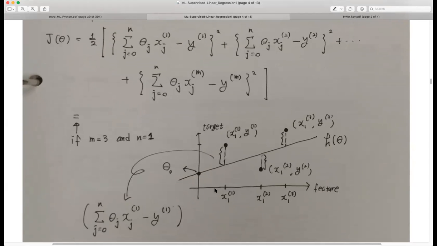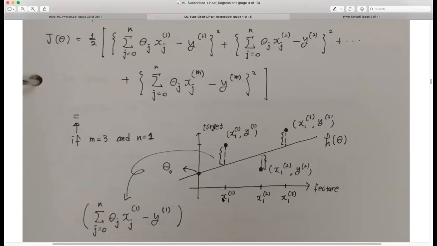Look at this. This straight line is the graph of h of theta, and the horizontal axis represents the feature and the vertical axis represents the target. Since we consider only one feature, we can plot h in a two-dimensional space, feature and target.